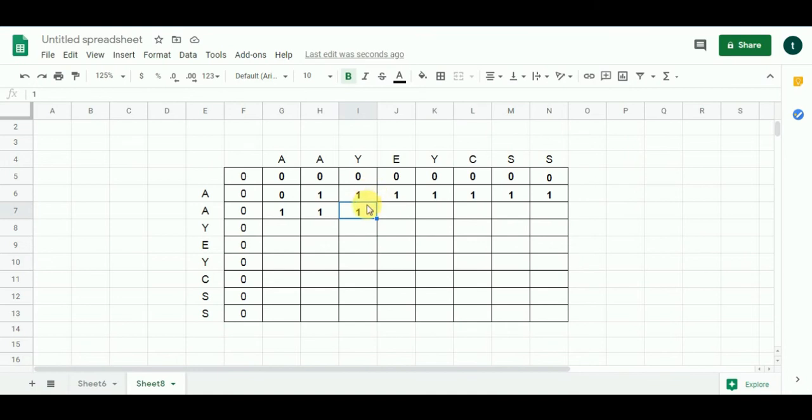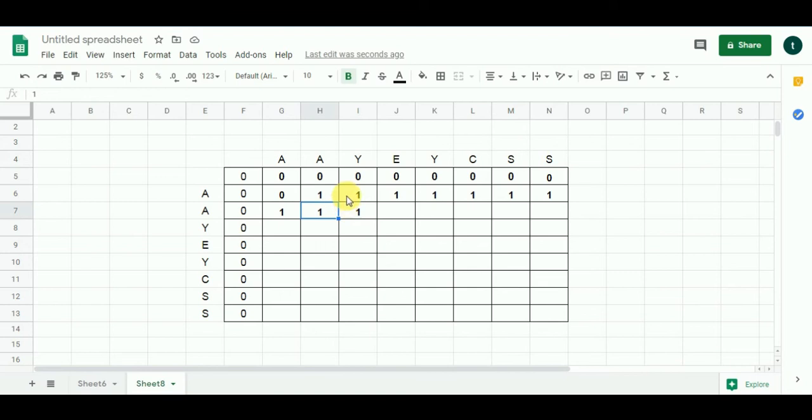So I considered this subproblem and this subproblem, and I went for the maximum value. I went for the maximum because we are searching for the longest repeating subsequence. When we have the term longest in our question, we look for the maximum. Now, why am I considering this value and this value? So let's find that out.